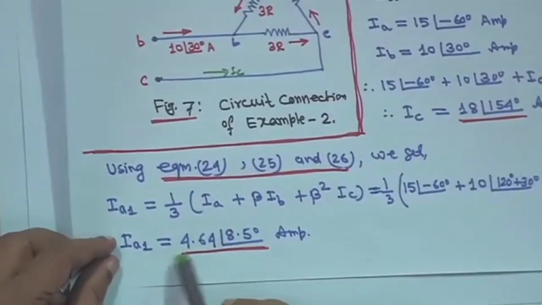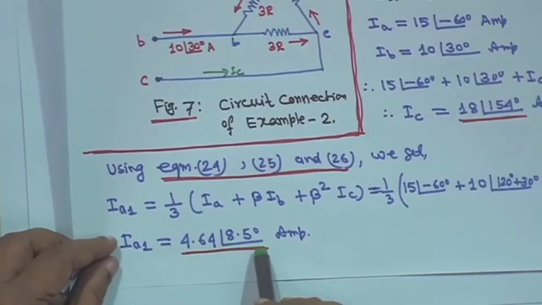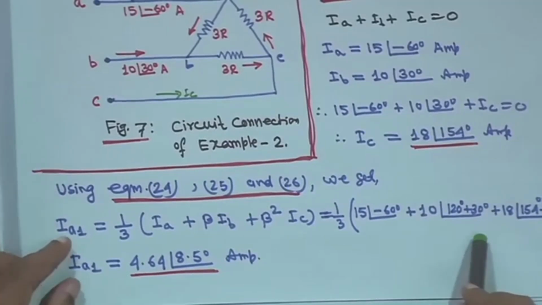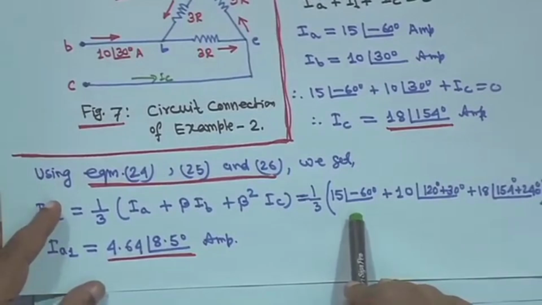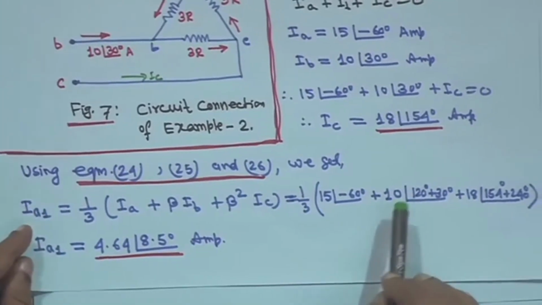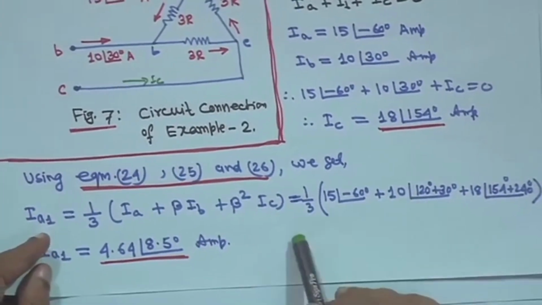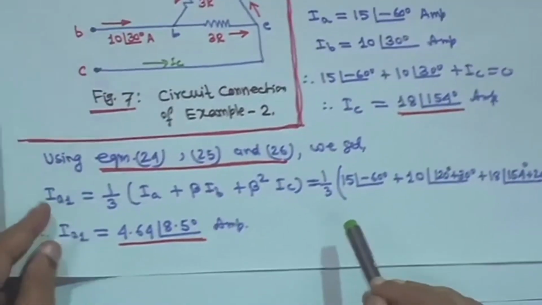If you simplify this, you will get IA1 is equal to 4.64 angle 8.5 degree ampere. Only thing is that you have to make these calculations correctly. Sometimes, I repeat, all these calculations were done by me, so if there is any mistake in calculation or other things, just let me know.